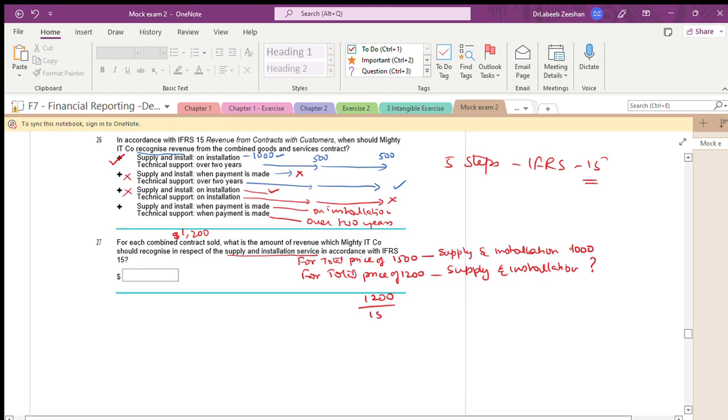1,200 divided by 1,500 into 1,000. 800. 800 will be for supply and installation. Is it right?